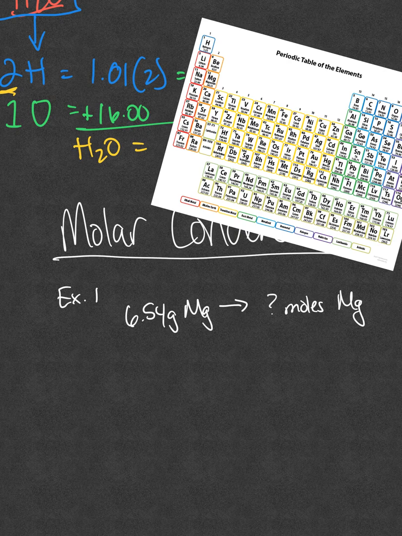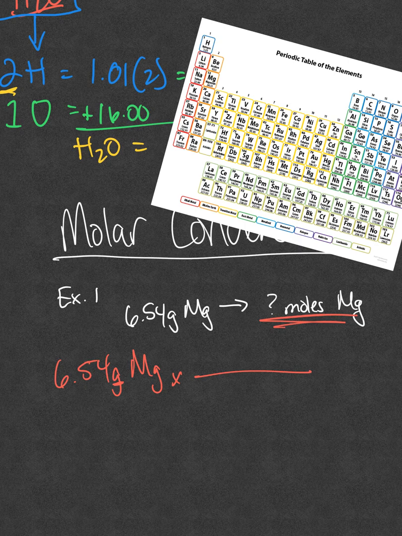So what we'll do is simple dimensional analysis to help us figure out how many moles of magnesium we have. So we start off with 6.54 grams of magnesium, okay? The conversion is that for every 1 mole of magnesium the mass is 24.31 grams. When we're doing the dimensional analysis, you always want to make sure that whatever unit you start with, you cancel out.